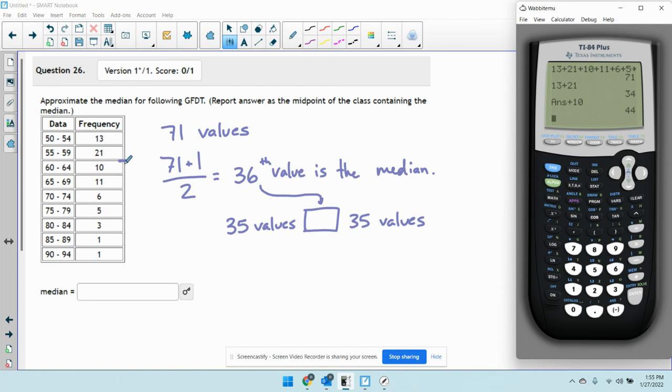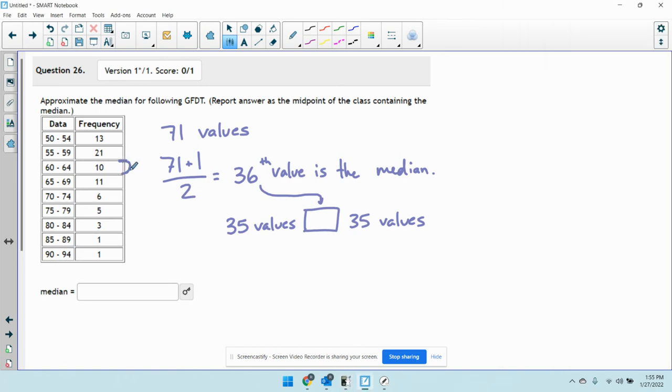So the 36th value must have occurred somewhere from here to here when I added this 10 to the 34. So we assume that the median is somewhere in this class because I went from 34 values to 44 values within this class, and the 36th value is between the 34th and the 44th.